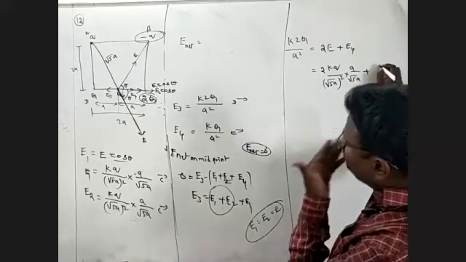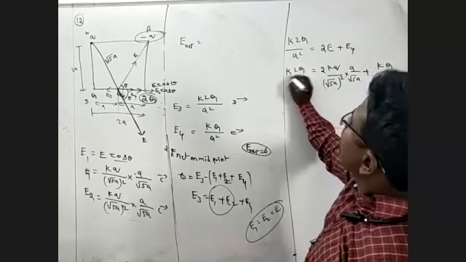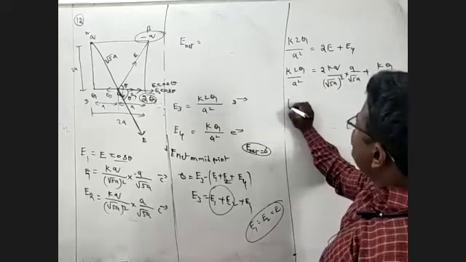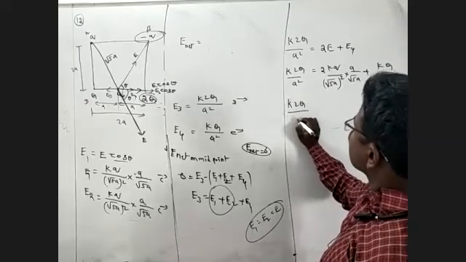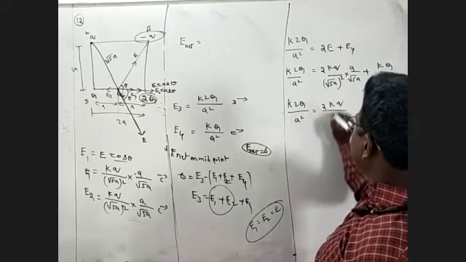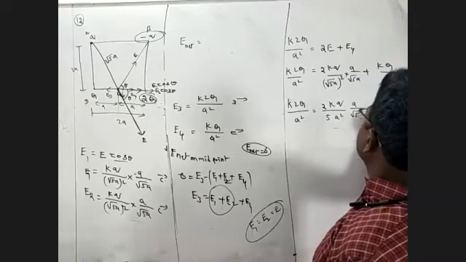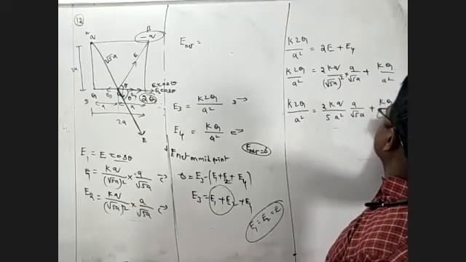E4 means what is E4? KQ by yes. So this is K2Q by A square is equal to 2KQ by 5A square into A by root 5A, plus KQ by yes.